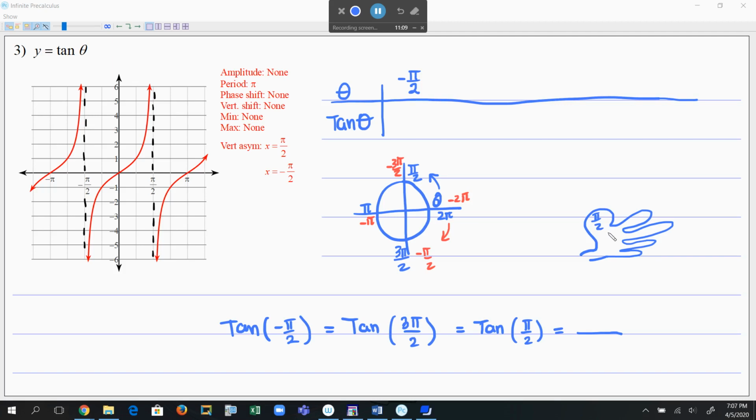Tangent will be the square root of the finger below divided by the square root of the finger above. So that therefore will be undefined because you divide by 0. So that's why we have the vertical asymptote.